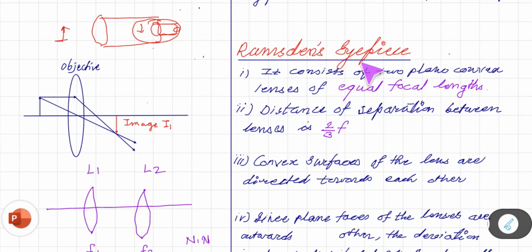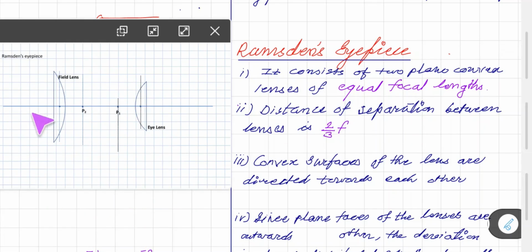Now see, Ramsden's eyepiece consists of two plano-convex lenses of equal focal length, and the distance of separation between the lenses is 2/3 f. Now we are going to see the Ramsden's eyepiece. See here in the figure, this is Ramsden's eyepiece, which consists of two plano-convex lenses. This is the first lens and this is the second lens, and we can see that one surface of each lens is plane and the other is curved.